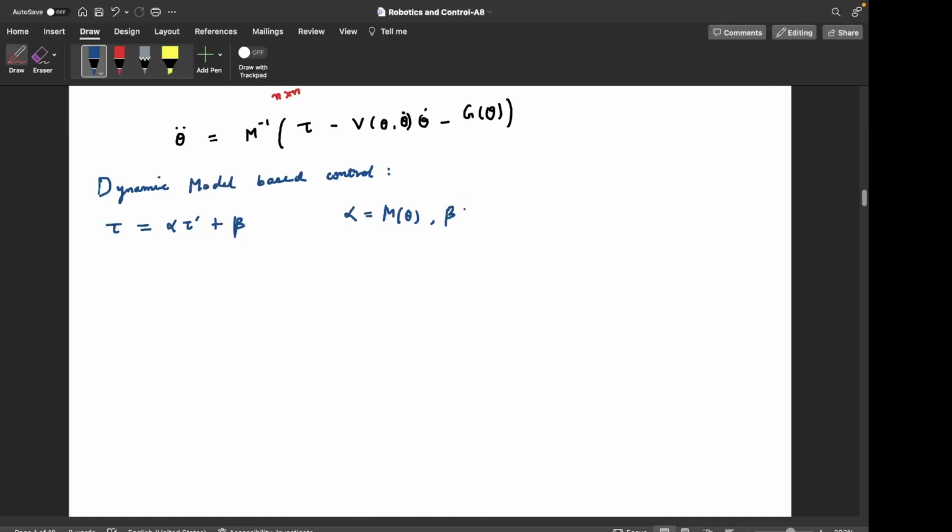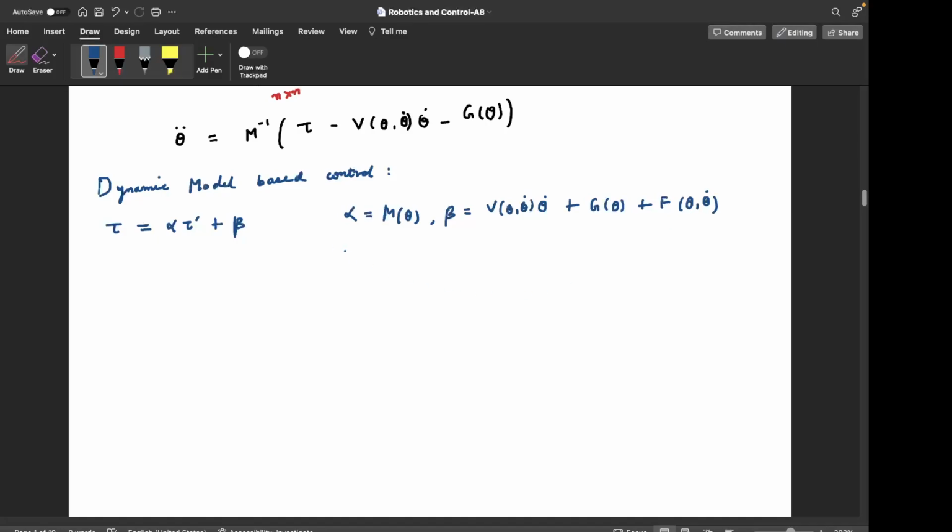Beta is the Coriolis and centrifugal term, basically the remaining terms, the gravity and friction and all, right?